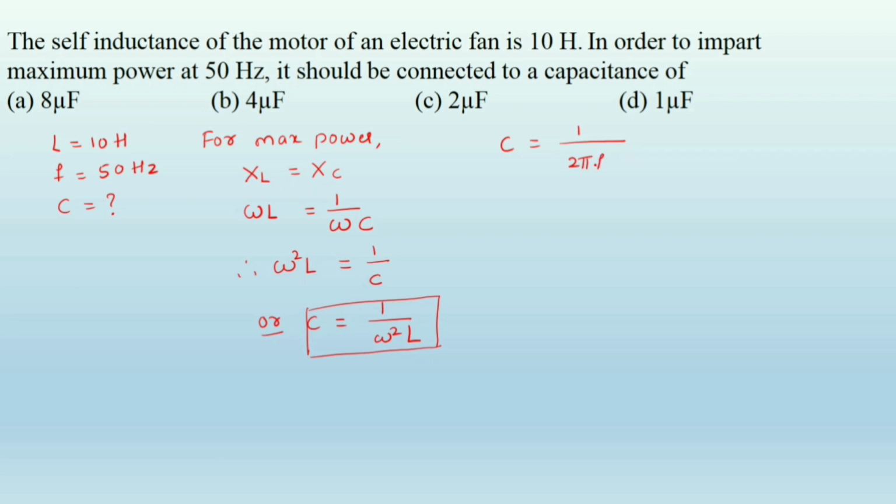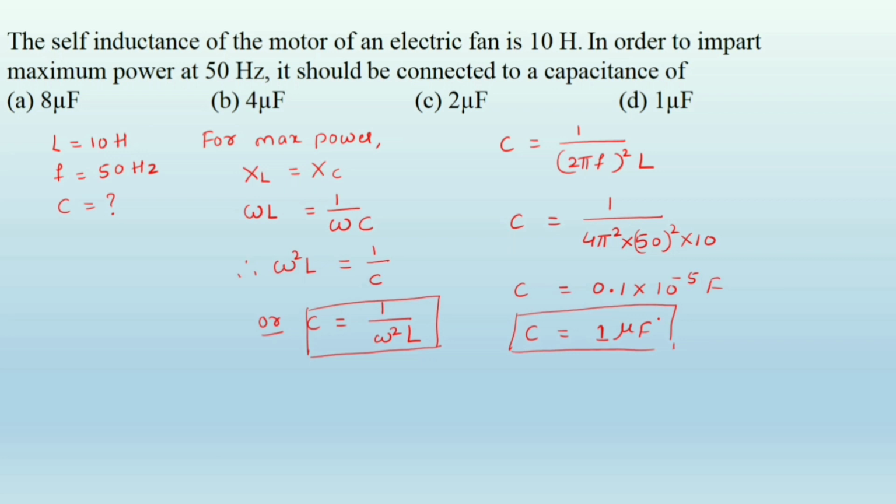So C equal to 1 divided by 2 pi f whole square into L, that is 4 pi square into natural frequency 50 square, into self-inductance 10 henry. Calculating all the values, we get 0.1 into 10 raised to minus 5 farad. In terms of microfarad, we get 1 microfarad. So the capacitance value is 1 microfarad, and the right option is D.